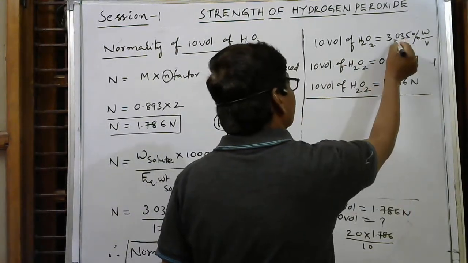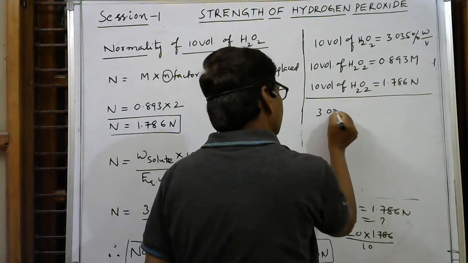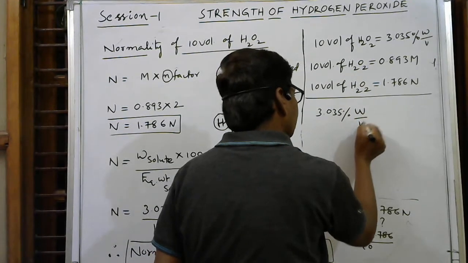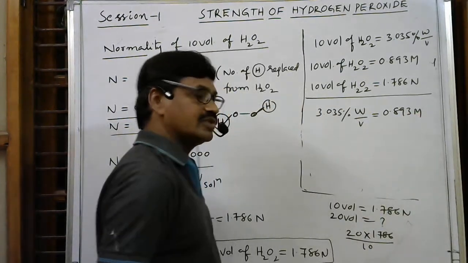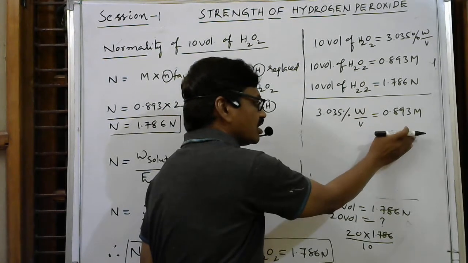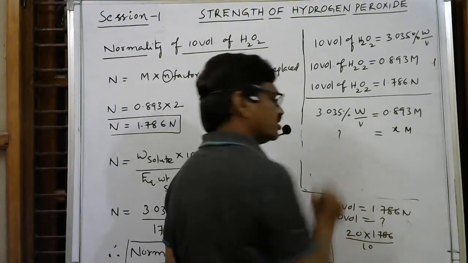So here we can write the relation between these two: 3.035 percentage W by V equal to 0.893 M. Like this also we can relate. So if they ask for percentage strength by giving molarity, for example some X molarity is given, how much is the percentage strength?